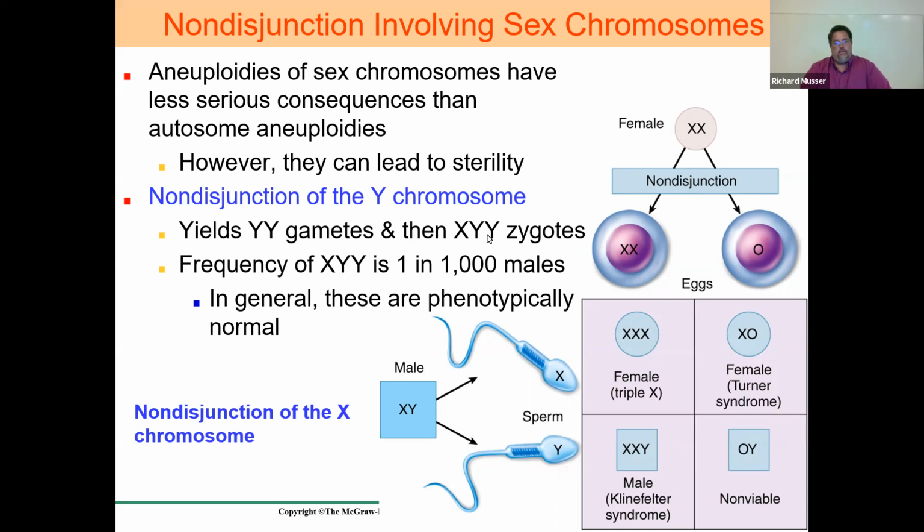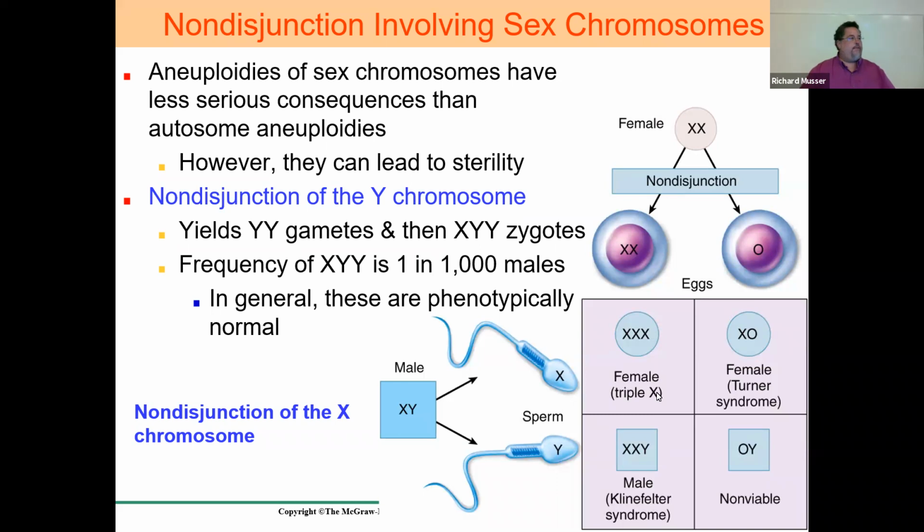So you can have men with an extra Y chromosome. I believe there's some evidence that men with extra Y chromosomes tend to have more testosterone and are more likely to be found in the prison system than the typical XY man. To a certain percentage, I don't know what it is, but something like that.